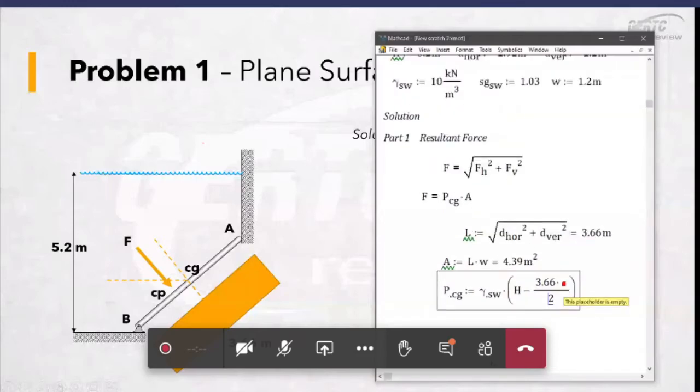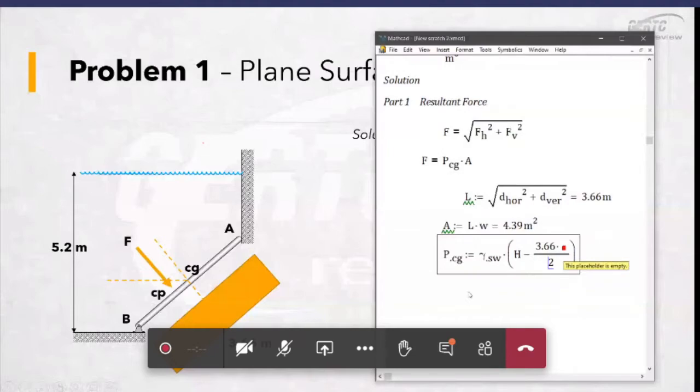So I need the inclination. Alright, solving for theta. Simple lang, arctangent of the vertical depth over the horizontal.